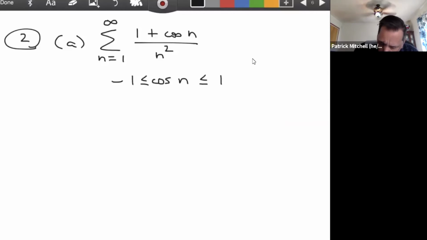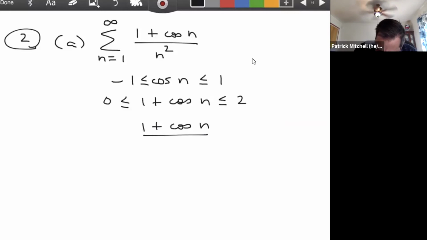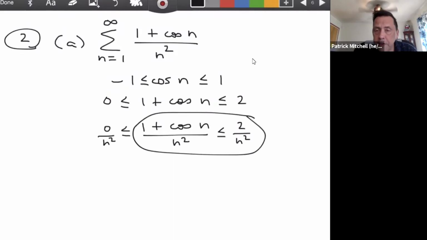So that means 1 plus the cosine of n is between 0 and 2. And therefore, 1 plus cosine n over n squared is between 0 over n squared, which is 0, and 2 over n squared, all right? So these are the two series that I'm thinking about using. And they are both series with positive terms.